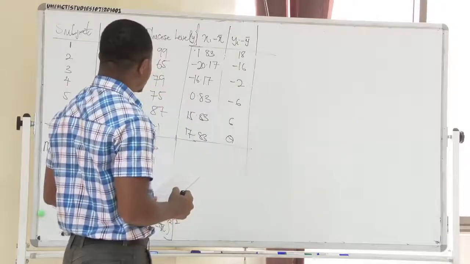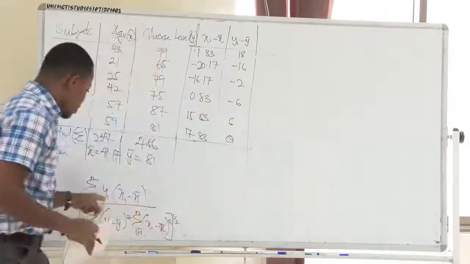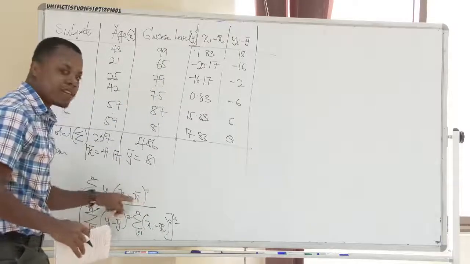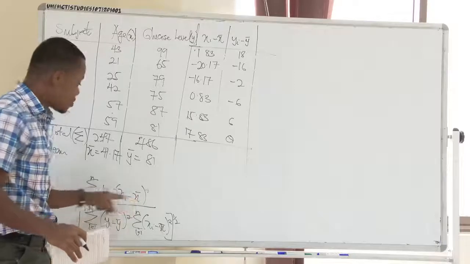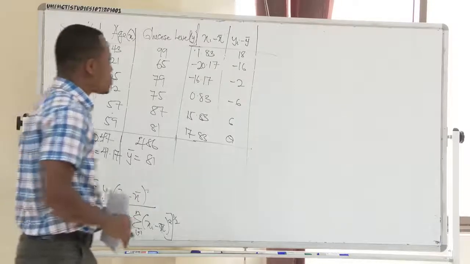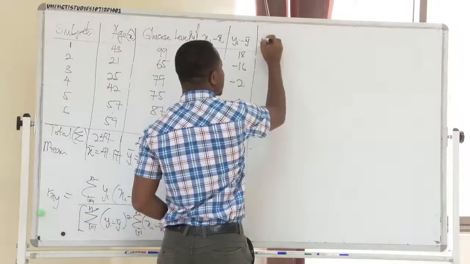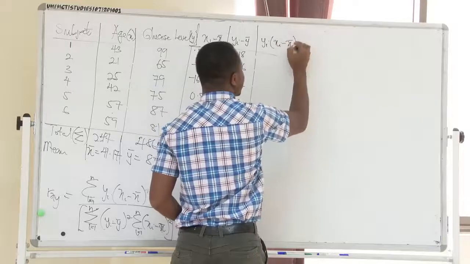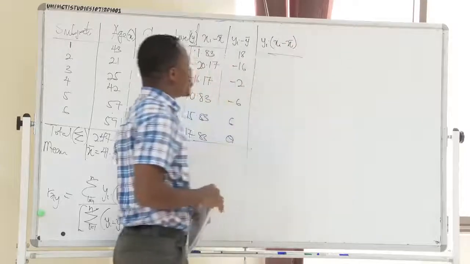Now let's try to estimate one more parameter, which is the yi times the difference between each xi and the mean. Then after, we are going to sum over this first part. So this is going to be yi times xi minus x bar. This is also going to be another parameter.